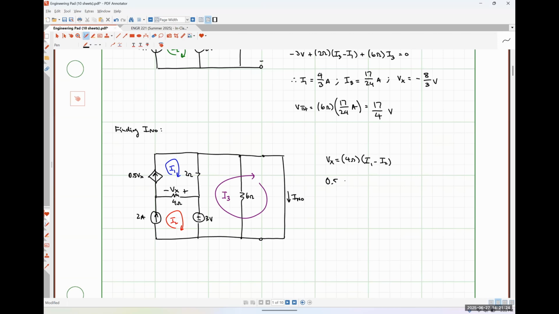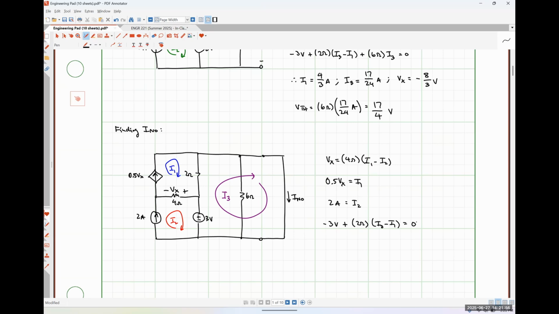Our current relationship equations are going to be half of Vx is equal to I1 and 2 amps is equal to I2. And our KVL equation around mesh 3 is going to look like negative 3 volts plus 2 ohms times I3 minus I1 is equal to 0. So I'm going to solve that in my system solver.